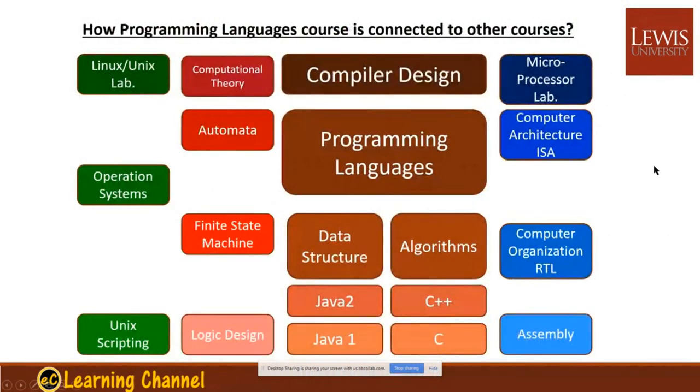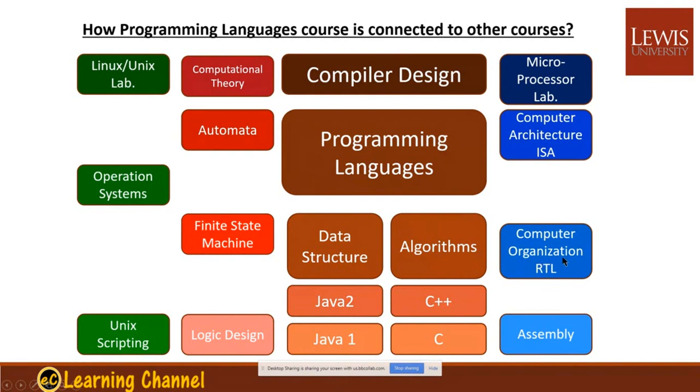So here is the description of the programming language course and the relationship with other courses. Right here I list down the core courses for computer science. As you may see, there are 4 tracks that I picked. The right hand side, the blue one, is the computer architecture and hardware part.